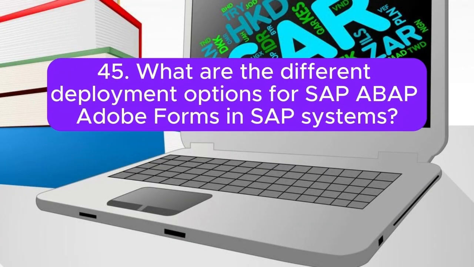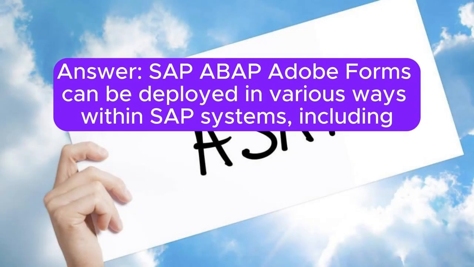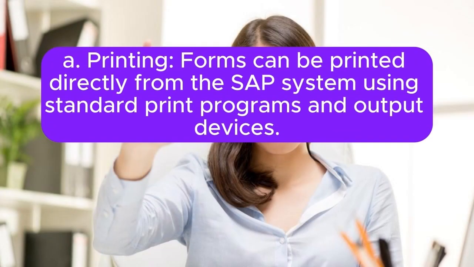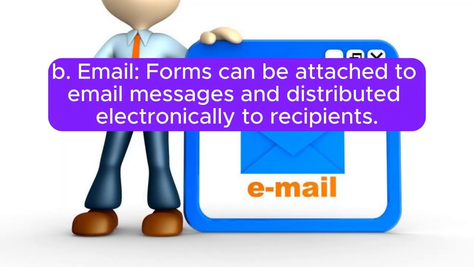45. What are the different deployment options for SAP ABAP Adobe Forms and SAP systems? Answer. SAP ABAP Adobe Forms can be deployed in various ways within SAP systems, including A. Printing. Forms can be printed directly from the SAP system using standard print programs and output devices. B. Email.